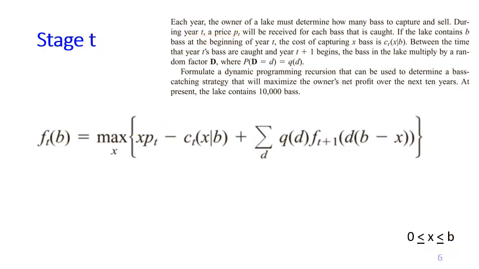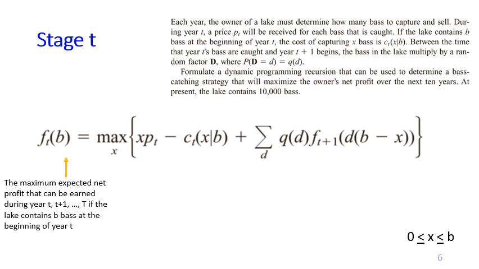So let us formulate the recursion function for stage t, where t is small here because it is less than 10. Okay, so ft means the maximum expected net profit that can be earned during year t, t plus 1 up to big T, if the lake contains b bass at the beginning of year t. Same as before, we get the revenue from selling the fish that we catch.